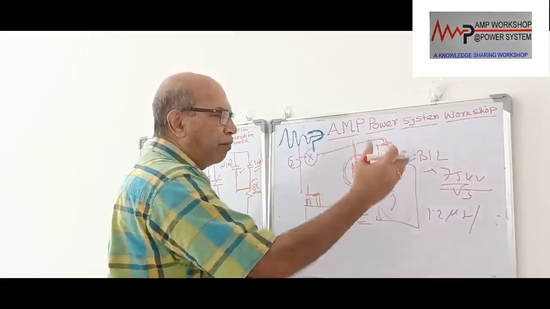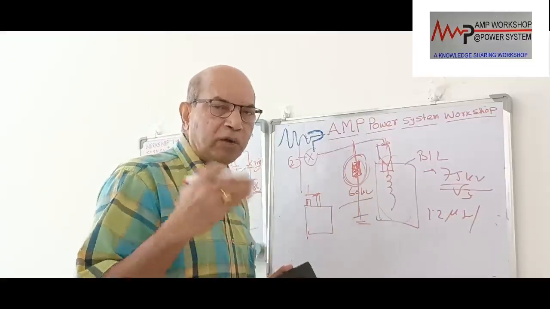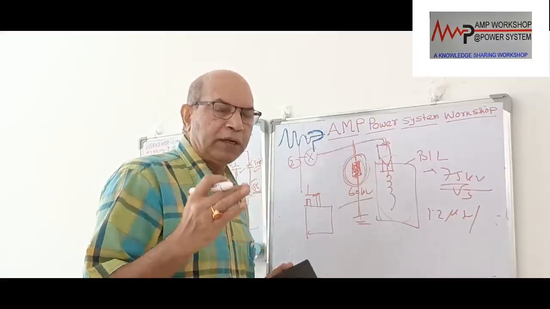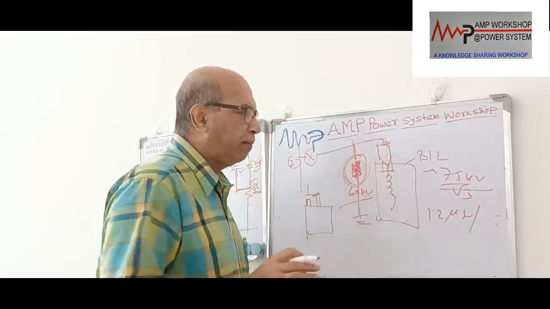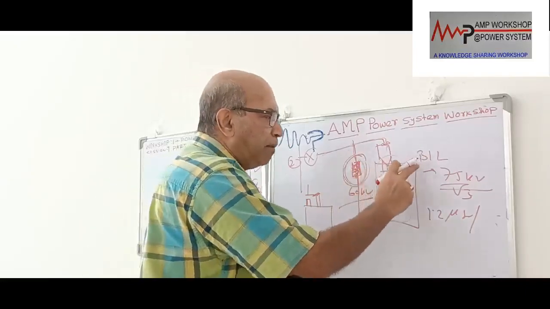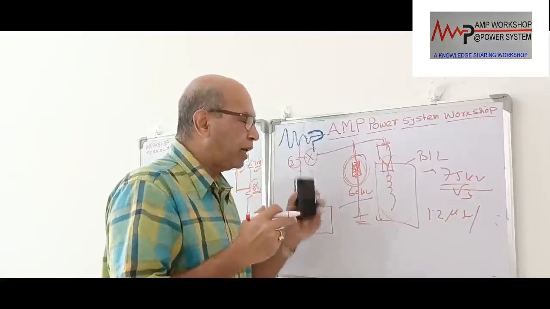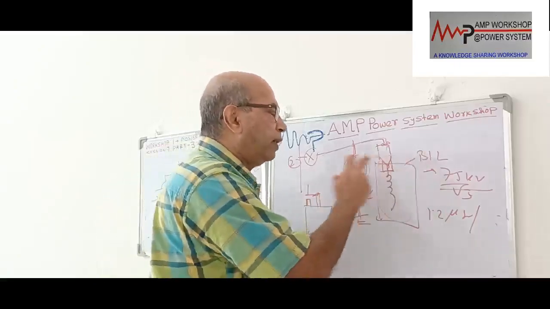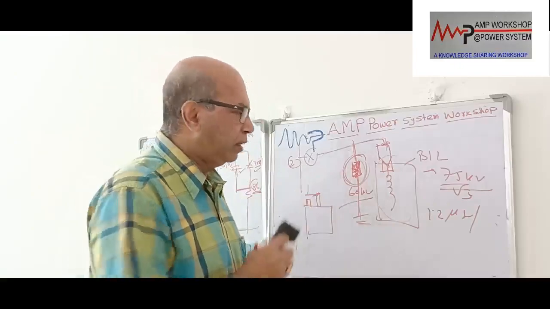It can be provided on both sides, LV and HV winding, depending on the type of connection and voltage grade, and we can calculate how much voltage is coming on the transformer due to this lightning impulse or switching impulse. If that voltage is below the BIL, then we need not put the lightning arrestor. But if it is above the BIL, then we have to protect the transformer from this transient over voltage.